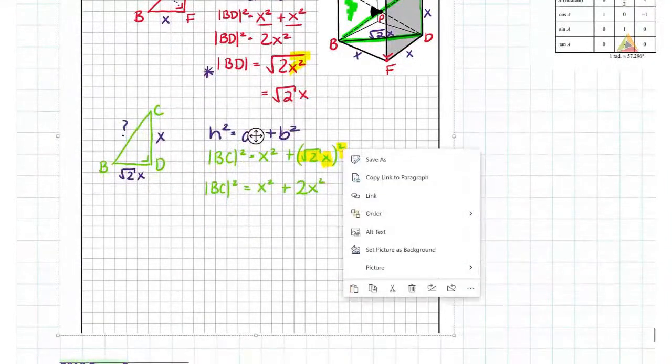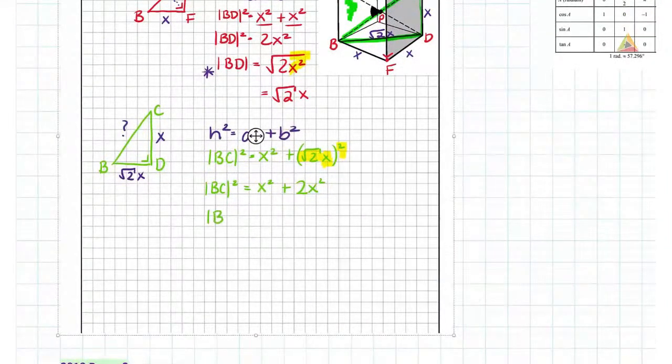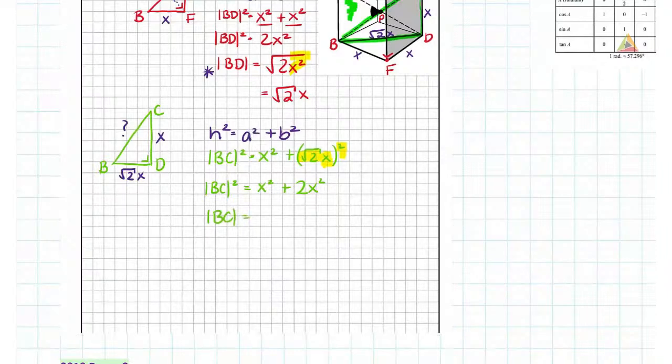So what that gives me is BC squared is, well, we have an x squared and a 2x squared. That gives me a 3x squared. Sorry, that should be BC squared. Again, square root both sides, and the same as we had above, that's going to give me root 3 and the x on the outside. It's exactly the same as we had up here.